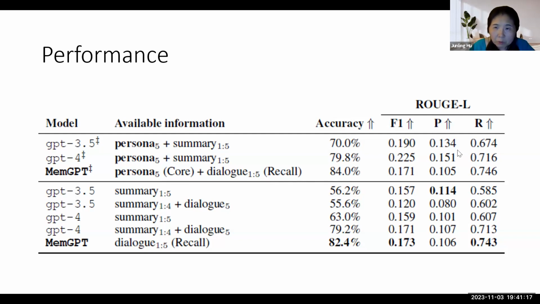And in terms of ROUGE score, certainly precision is not as high as GPT-3.5, but their F1 score and recall are pretty good. And most of the time we care about the F1 score because it's an average of the precision and recall.